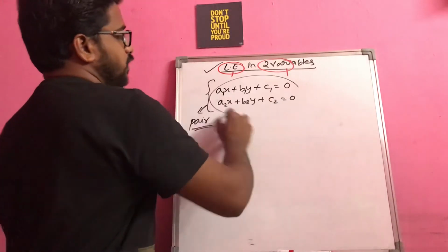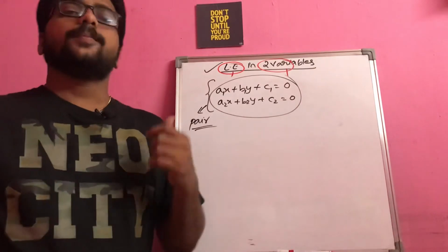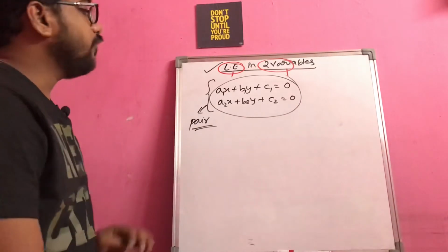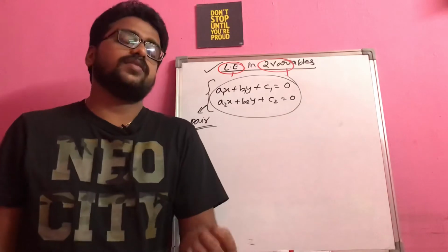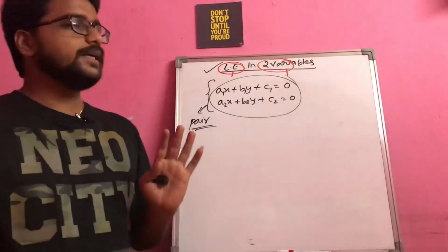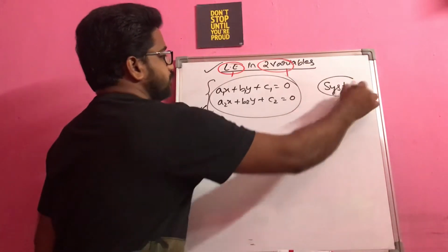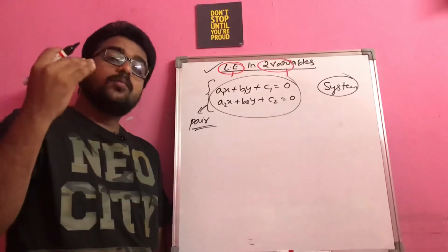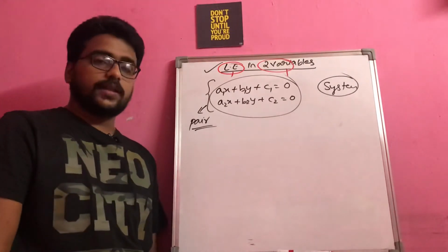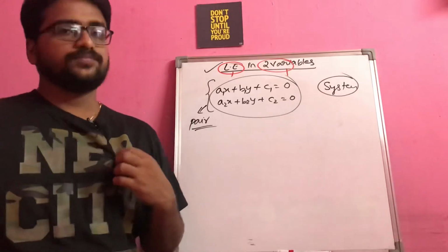Because you are seeing these two equations together. That's why we name this a pair of linear equations. If you have more than two linear equations together, whether it is 2 variables, 3 variables, whatever it may be, that is called a system of linear equations, right?